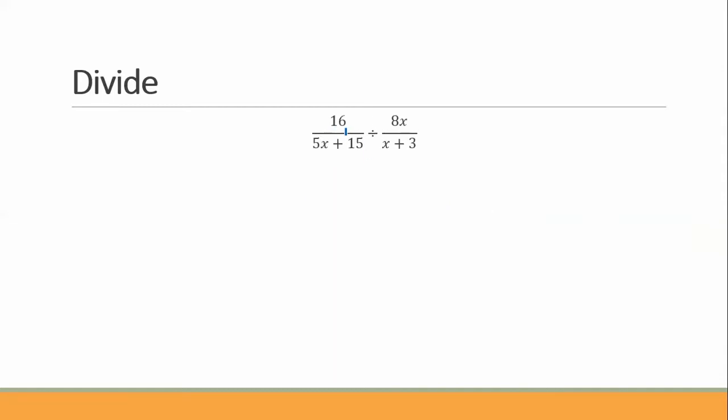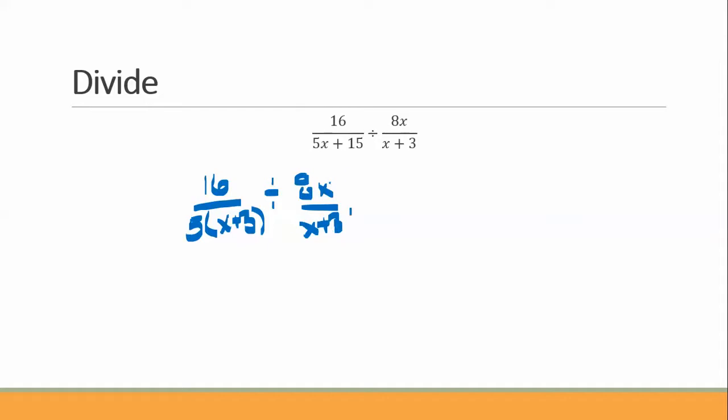Now we have 16 over 5x plus 15 divided by 8x over x plus 3. So the first thing we want to do is factor as much as we can. So it's 16 over, here we can factor out a 5, and we have x plus 3 divided by 8x over x plus 3.